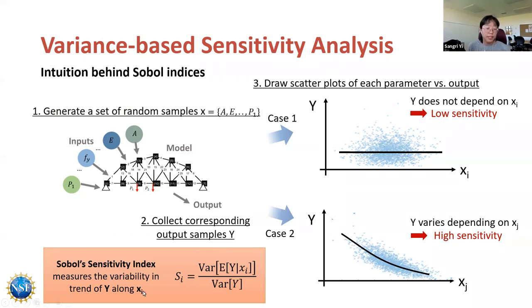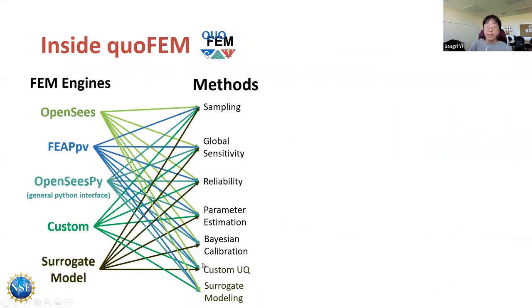And you have to repeat this for all different random variables. So it's actually a three-loop process, which takes a long time even for very simple problems. So there are more efficient methods, and we have implemented those inside quoFEM.